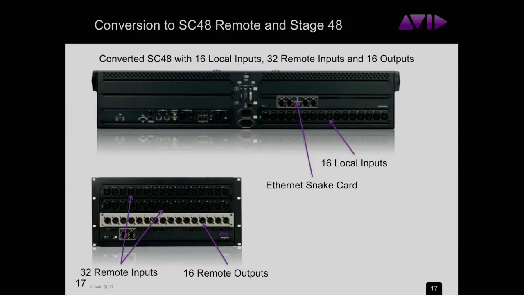We could take the outputs with it if we wanted to. You remember we talked about this kind of in the early slides about all the different configurations that are possible. All of those configurations will be possible on your existing SC48 as well once you do the conversion. So if you want to just revert back to those earlier slides, all of those possibilities will be available for you as well.